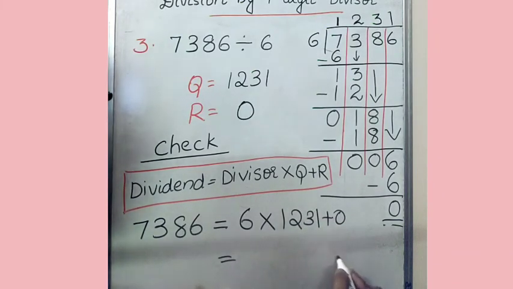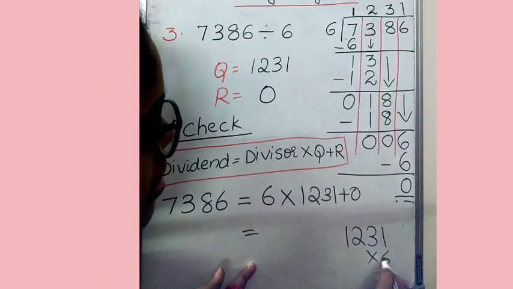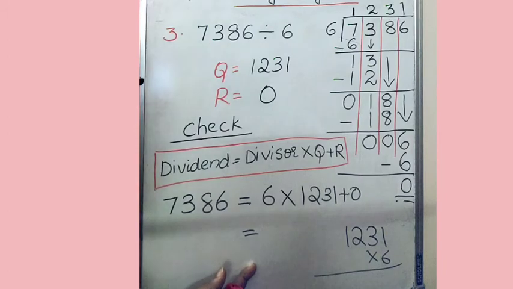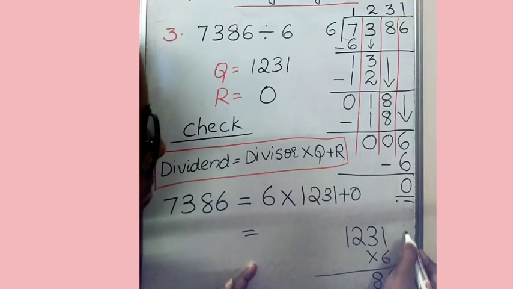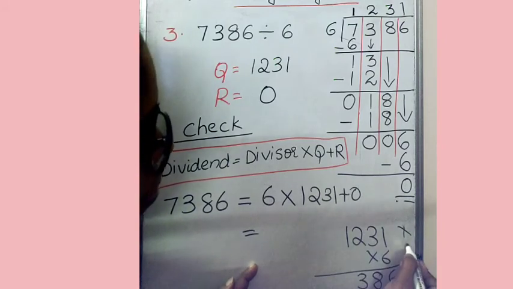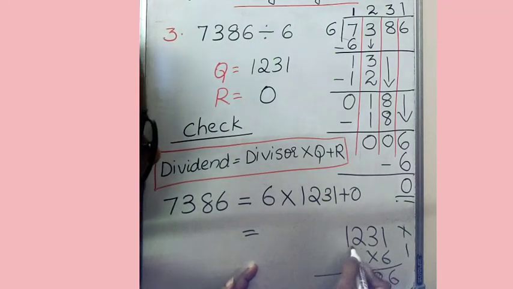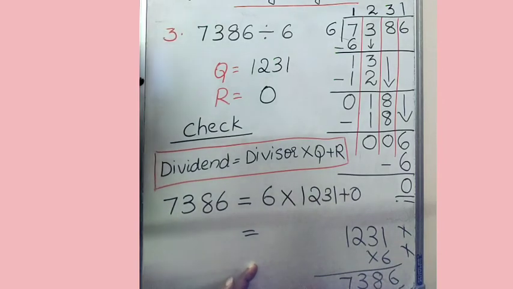That is equal to 1231 into 6. Look here. 1 into 6, 6. 6 into 3, 6 3s are 18. Balance 1. 6 2s are 12. 12 plus 1, 13. 1 into 6, 6. 6 plus 1, 7. Look at the answer.